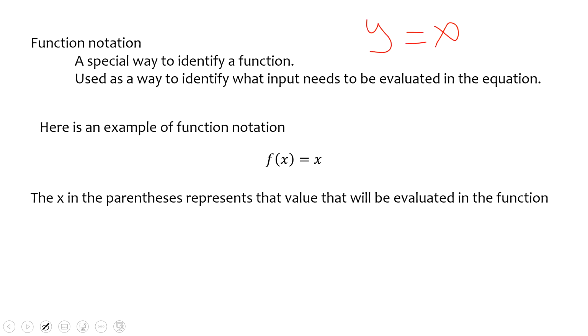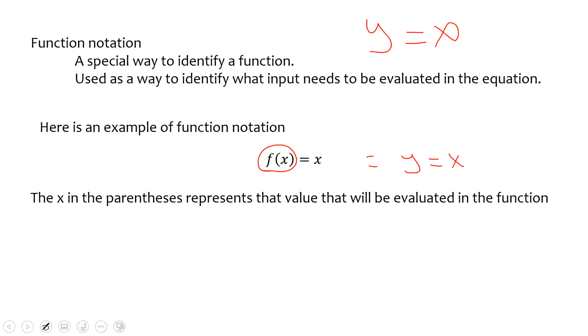That's the relationship. What we also have in algebra, especially in Algebra 2, is a special notation for y. It still means y, but it's f of x notation, where it's f and then in parentheses x. That f of x equals x means exactly the same as y equals x.